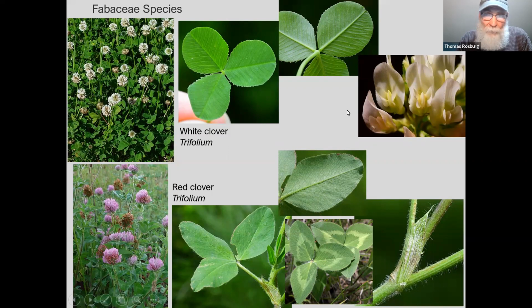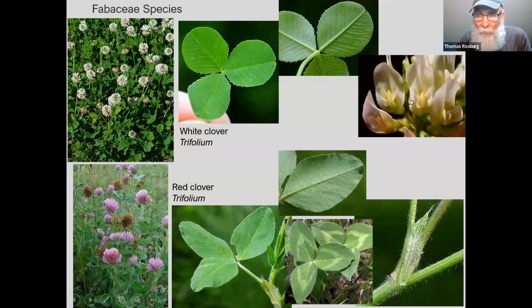I threw in just a picture of the flowers to remind you that, again, all of these Fabaceae that we've been talking about have what is called a papilionoid type of flower, which is composed of a large banner petal, which is kind of behind the rest of the flower and kind of above the rest of the flower.